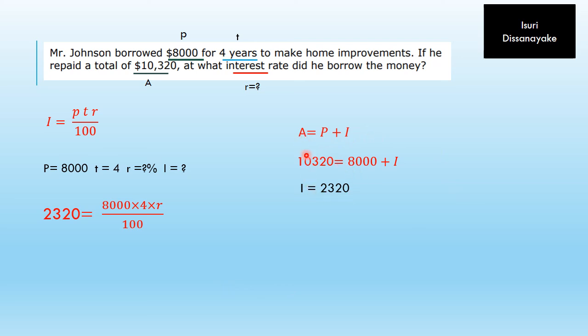That is, the total amount is 10,320. From that, when you subtract the principal amount, you will get the interest only. And here, the principal amount is 8,000. Time taken is 4 years. And you have to work out the rate. So, the rate is equal to 7.25%.